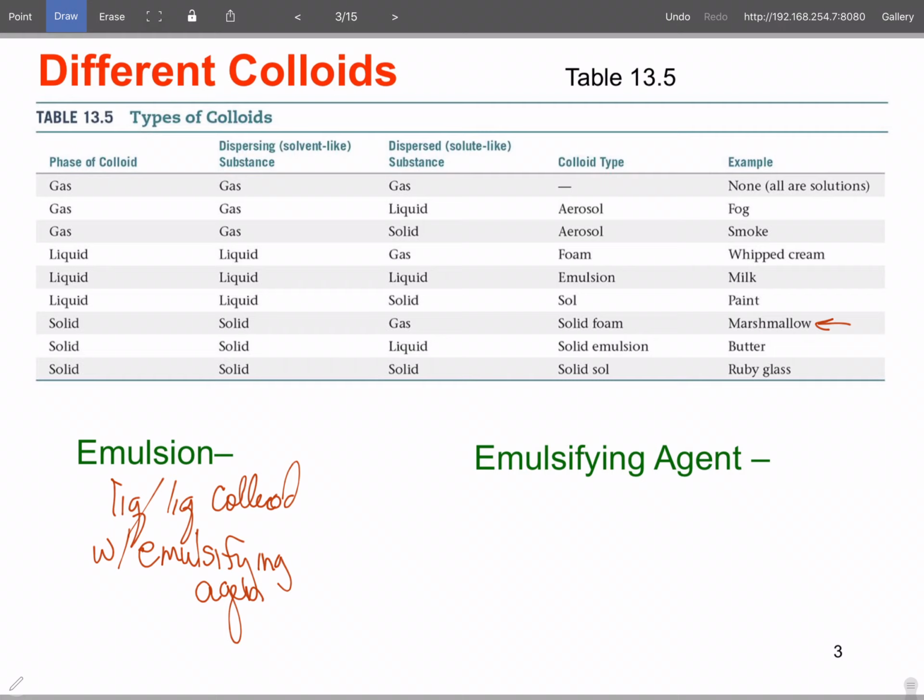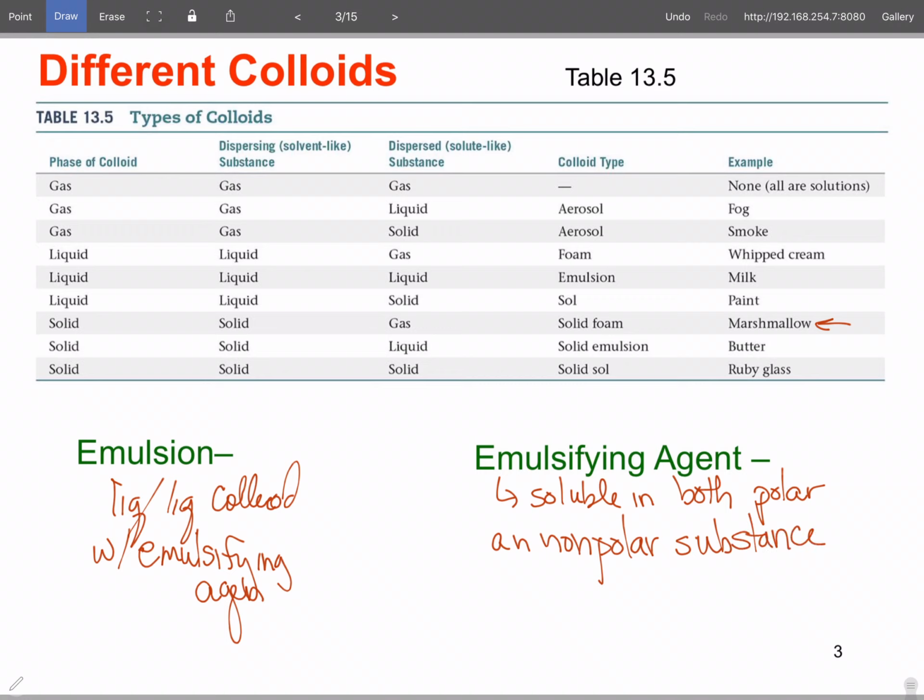So an emulsifying agent is something that's soluble in both polar and nonpolar. So these are the things that allow oil and water or oil and vinegar to mix.